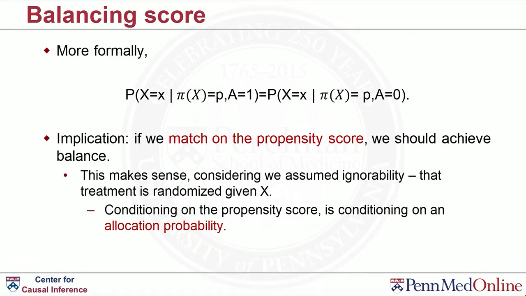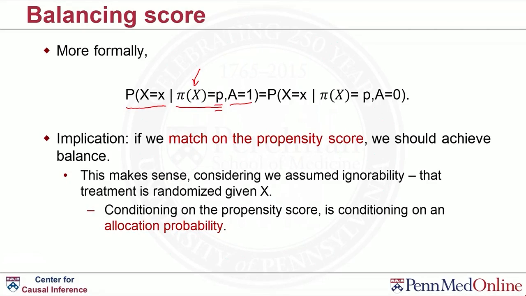We have the probability of x, the distribution of the covariates themselves, conditional on the propensity score, which we're writing as a function of x. Remember, the propensity score depends on X. We condition on that propensity score being equal to some fixed value p, and on A equals 1. Conditioning on A equals 1 means we only look at treated subjects, and only those with a propensity score equal to little p.